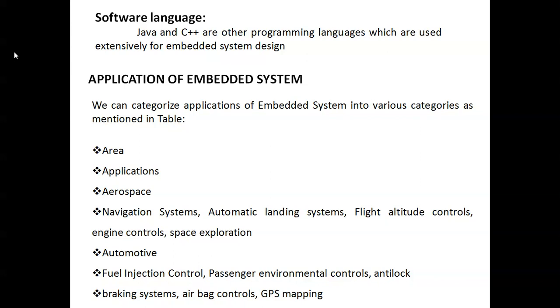These are all aircraft embedded systems. Then automotive: fuel injection control, passenger environmental controls, anti-lock braking system, airbag control, GPS mapping.